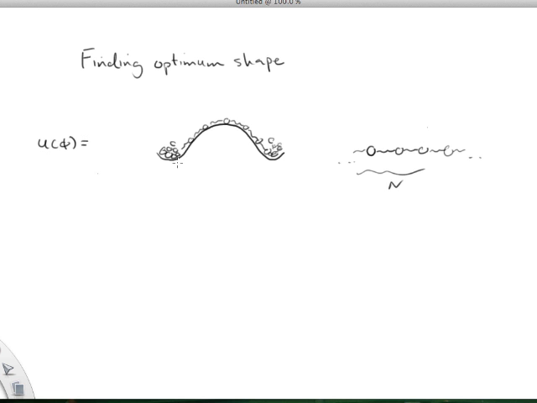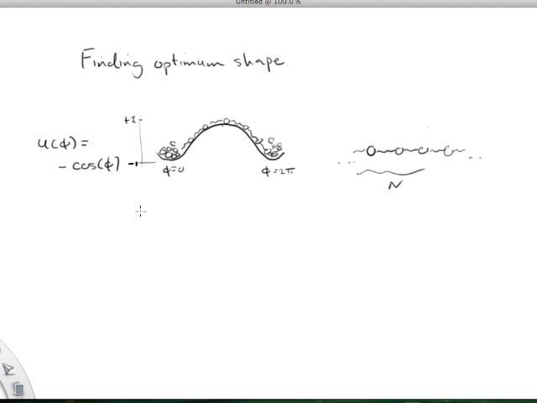Phi is going to be the x-coordinate here, and I'm going to assume for purposes of this problem that it's minus cos phi, and so that means that this potential energy surface is minus 1 at phi equals 0, and also at phi equals 2 pi, and it's plus 1 at phi equals pi at the center.